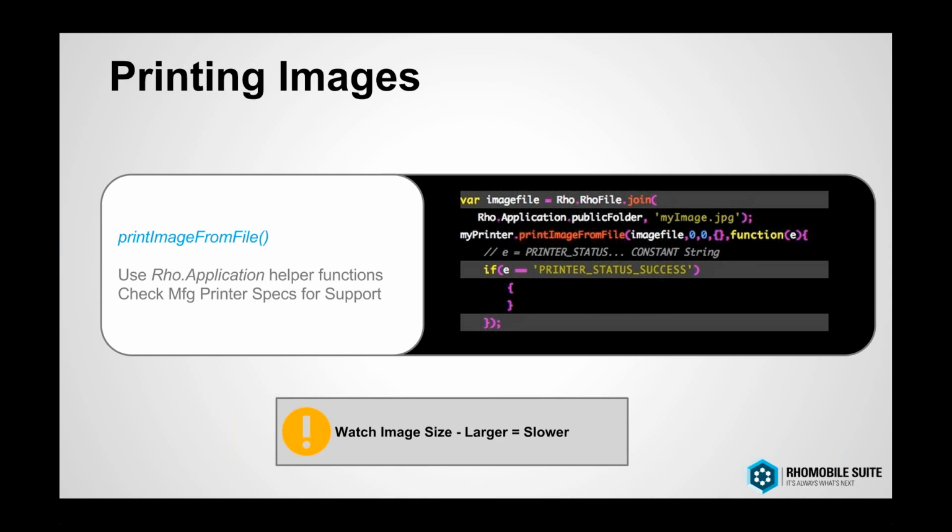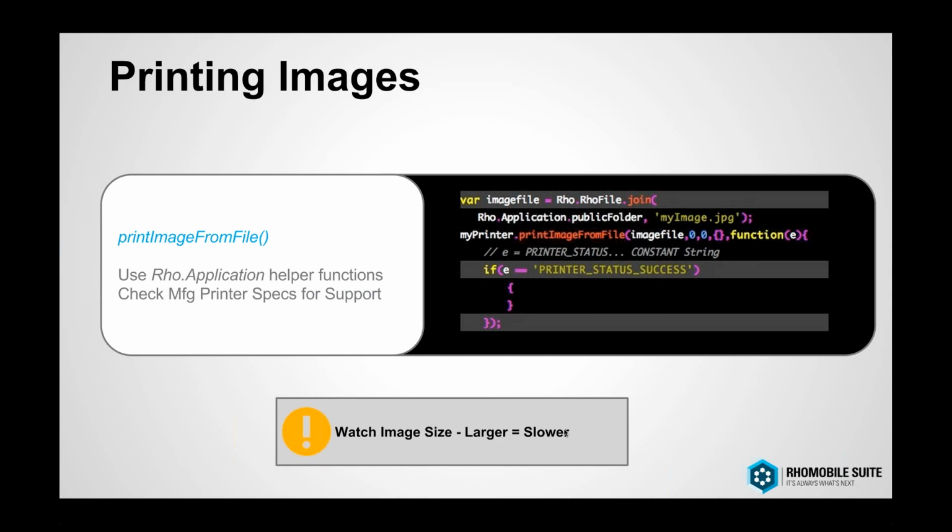Now, of course, the printer needs to support images, and you need to be careful on sizes. A lot of the printers have just simple low res, black and white capabilities. So just be careful, especially over Bluetooth. The larger the image size, the slower it's going to be, and you may need to throw up some status indication for the user so they know what's going on.